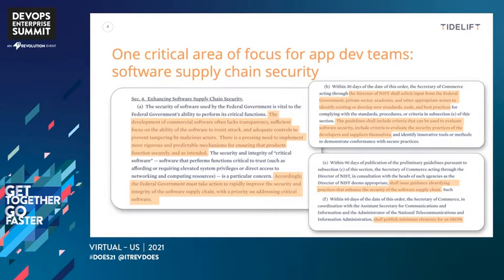So as I mentioned, one of the critical areas of focus in the Cybersecurity Executive Order applies to software supply chain security. And that's really meaningful for application development teams in organizations that build software-powered solutions. Now, there are several provisions in the White House Executive Order that pertain here.